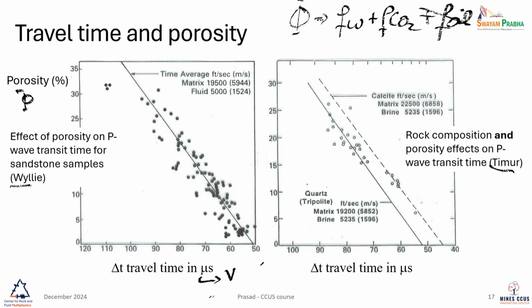Even if that is not there, I have these two. So the model that I need to make has to partition between these two, and that depends on the velocity of water and velocity of carbon dioxide.